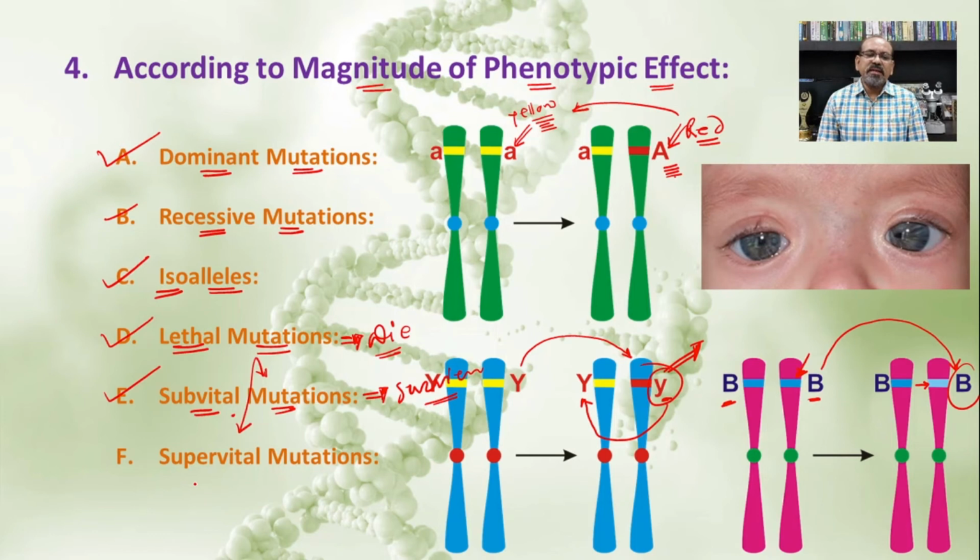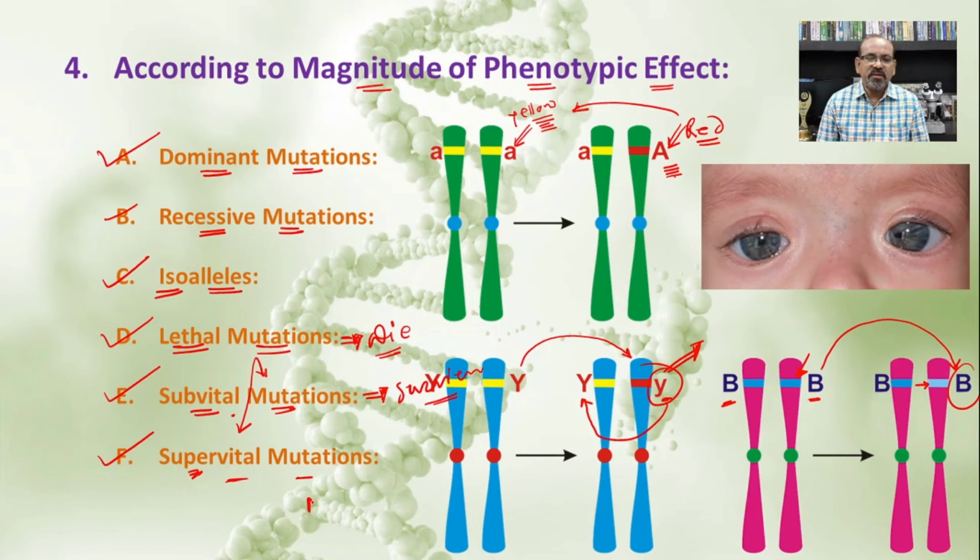But when we compare the supervital mutations with the subvital mutations, the supervital mutations cause an improvement of biological fitness under certain conditions. This type of mutation is responsible for increasing the biological fitness of that particular organism with respect to certain conditions.